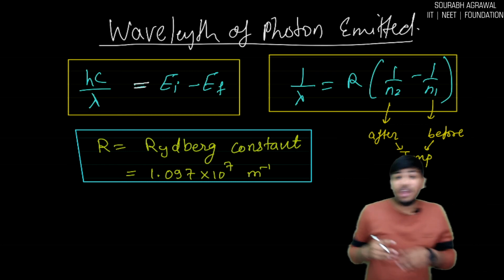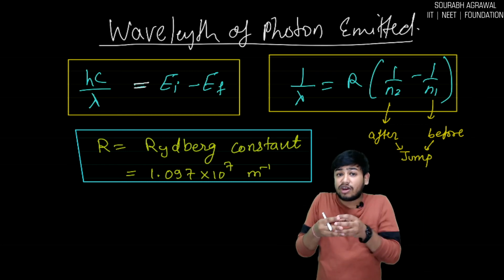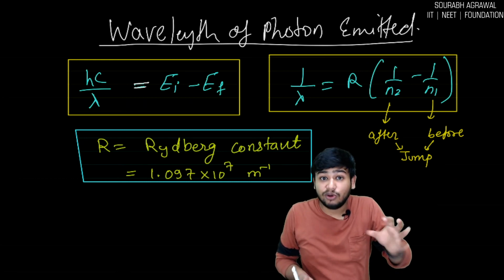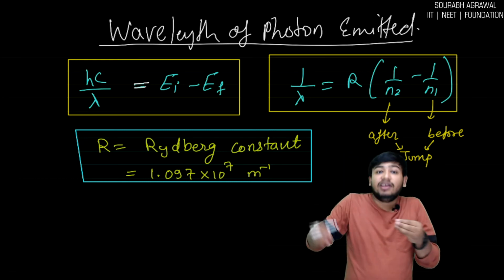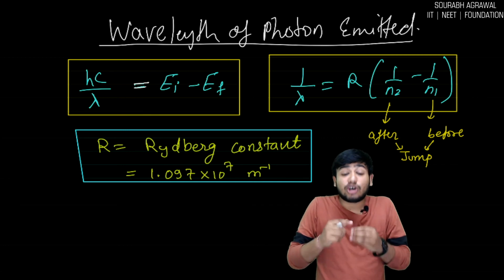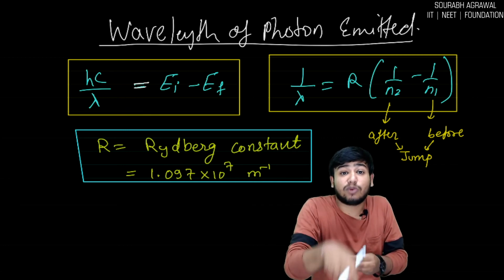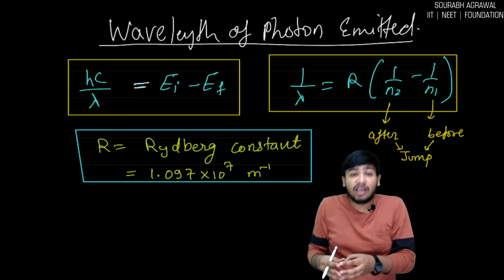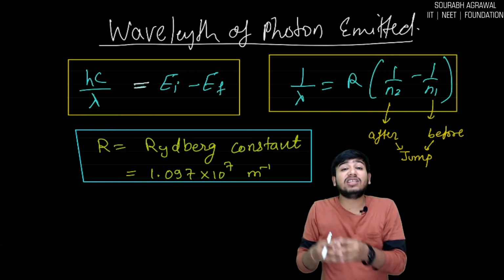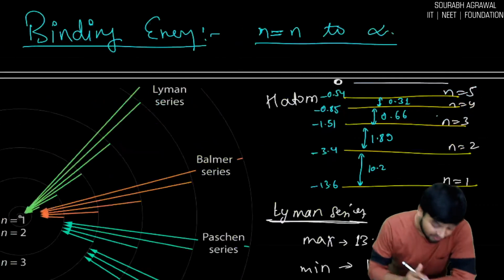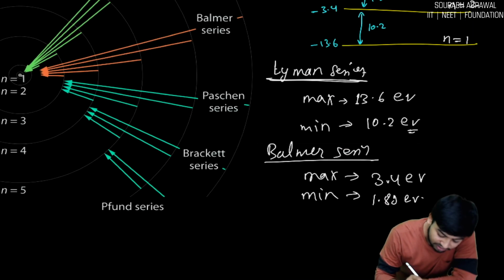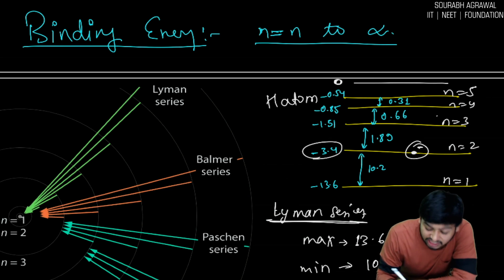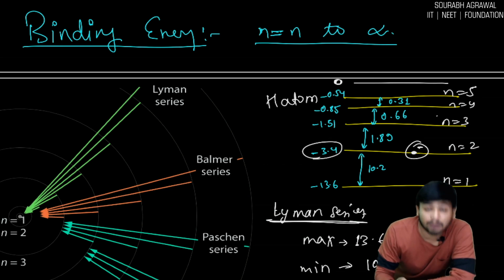If the electron is in n equal to 2, it has some energy corresponding to that orbit, which is minus 3.4.